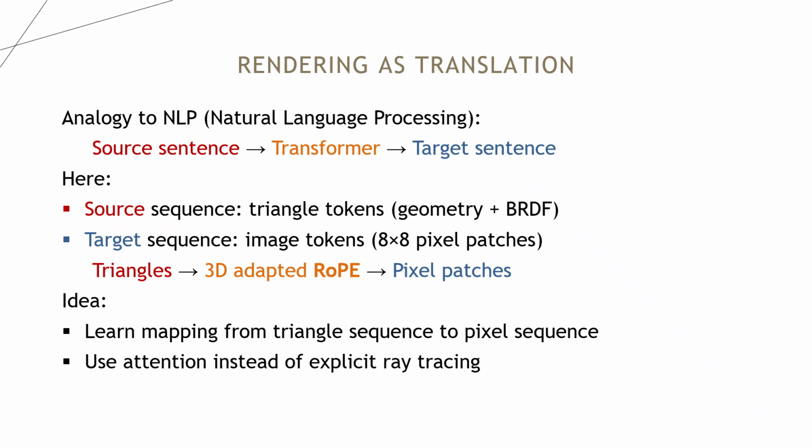Each token corresponds to an 8x8 patch of pixels, represented by a bundle of 64 camera rays. The transformer learns how information flows from triangles to pixels through attention, instead of through explicit rays and bounces. So, conceptually, we are translating from triangle language to image language.